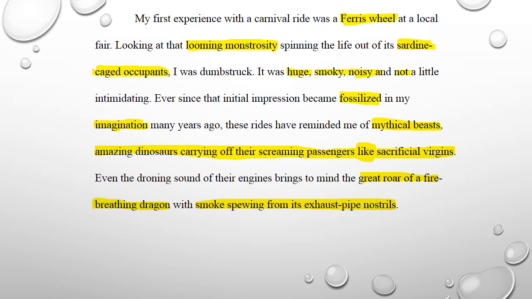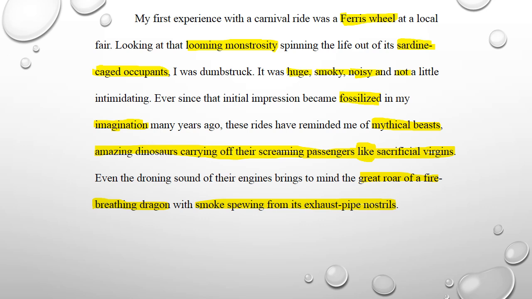Now, wow, he really nails it here in this second paragraph with all of this imagery. First of all, he says, looking at that looming monstrosity. Now, he could have said, looking at that big machine, looking at that big wheel, looking at that huge ride, but wow, a looming monstrosity.